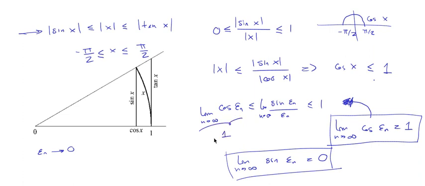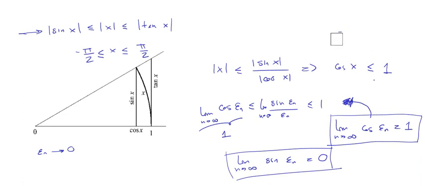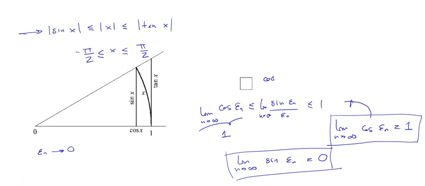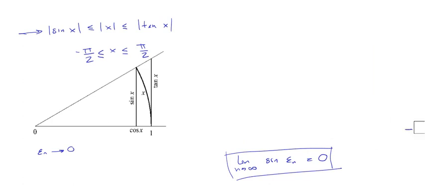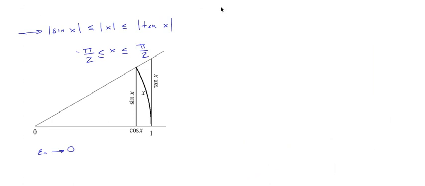So again, using the sandwich theorem, the limit of the sine of epsilon sub n divided by epsilon sub n is 1, which is one of the equivalences that we wanted to prove, right? In other words, the sine of epsilon sub n is equivalent to epsilon sub n. So this is what we want.